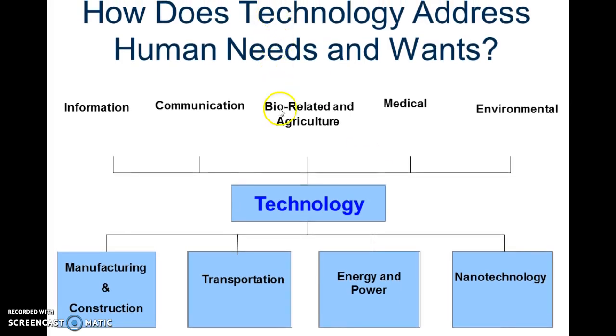Technology addresses human needs and wants, and it can be broken into different areas. We have information technology, communication technology, bio-related and agriculture technology, medical technology, and environmental technology. This encompasses areas in manufacturing and construction, transportation, energy and power, and nanotechnology. Let's learn about these.